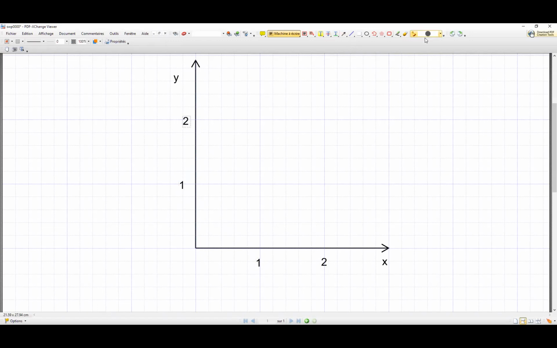So of course the point (2, 1) isn't the same point as (1, 2).